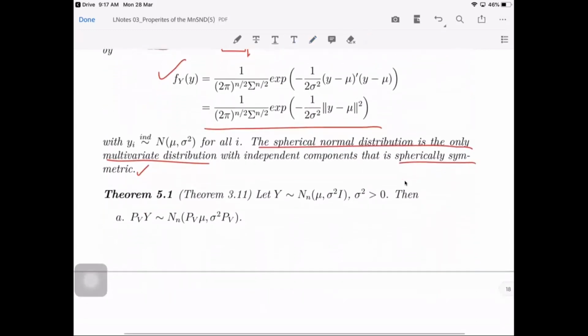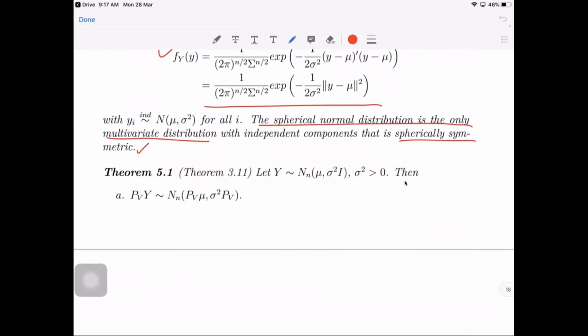Now let's have a theorem that talks about projections, or the distribution of projections. If y is normally distributed with mean mu and covariance sigma squared I, with sigma squared greater than 0, then the projection of y onto V is also normal, with mean vector PV mu, the projection of mu onto V, and covariance matrix sigma squared PV.